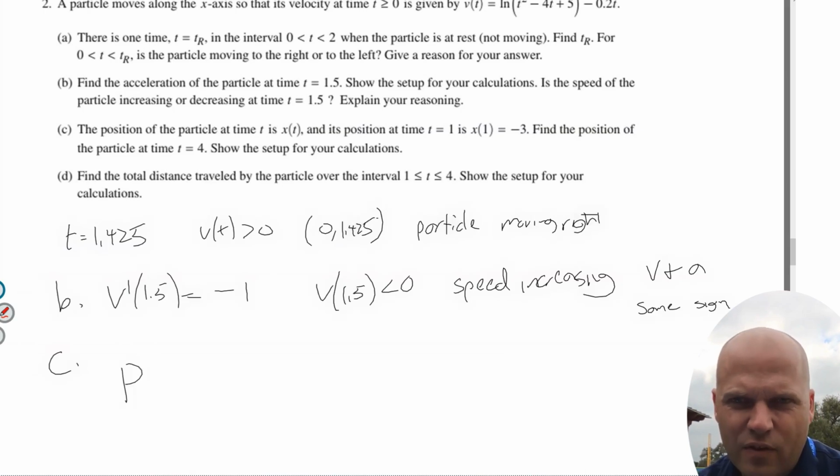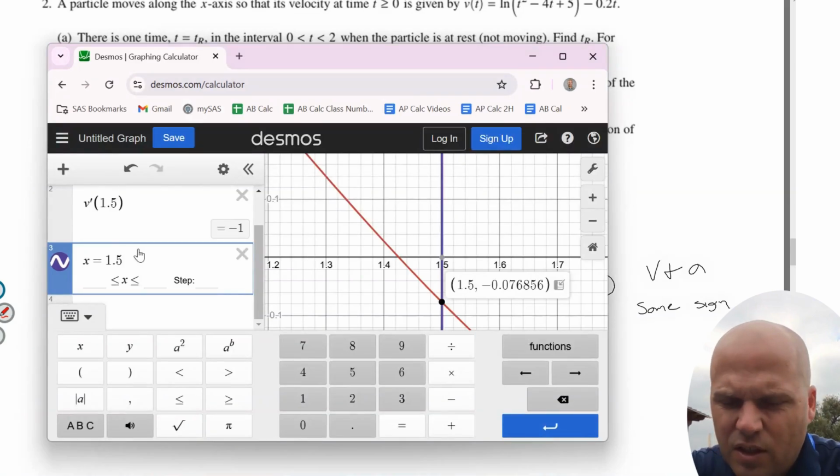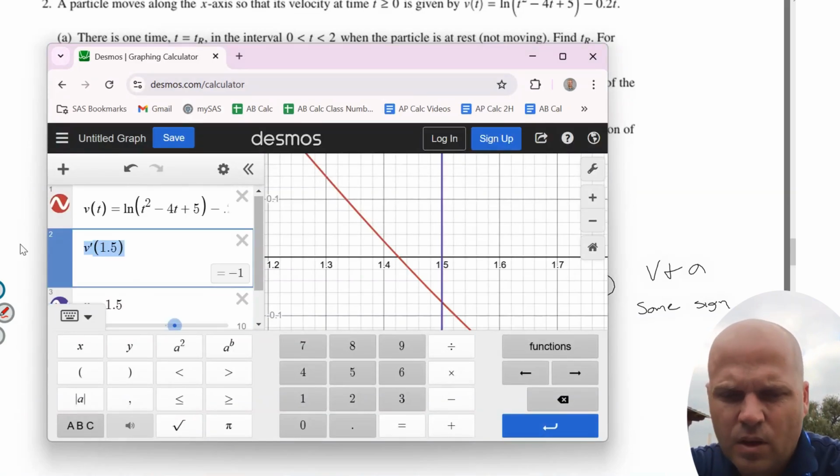Okay, it's so soft. What is the position at time 4? Well, I know my position at time 1. Let's just find how my position changed by accumulating my velocity from 1 to 4. I feel like they got so much softer.